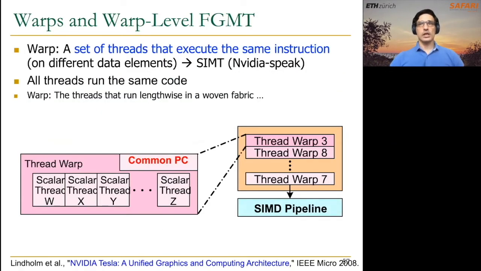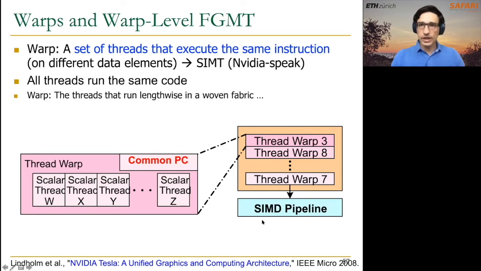The way that we are able to do this onto the SIMD pipeline is by using a scheduler. This scheduler is responsible for taking each warp and deciding what instruction from which warp is going to run onto the SIMD pipeline at a certain time.